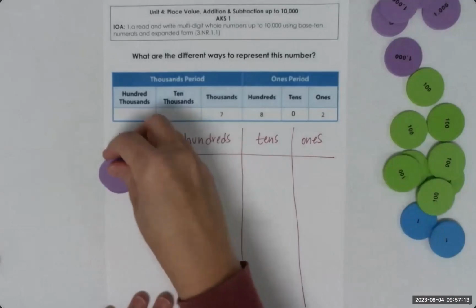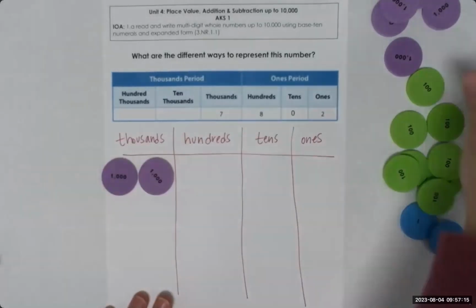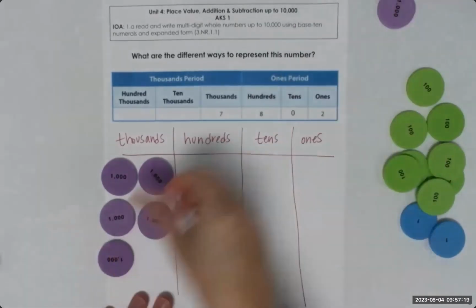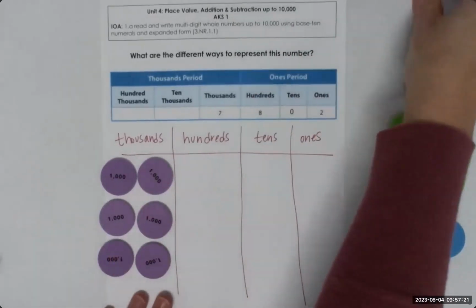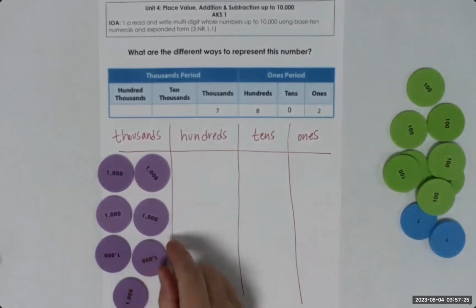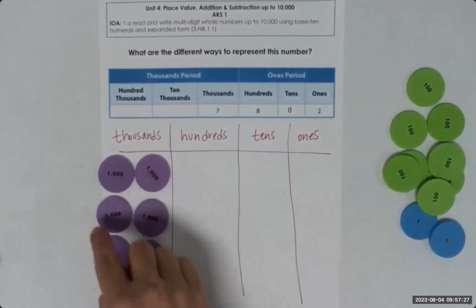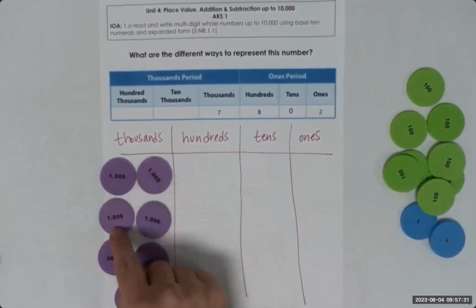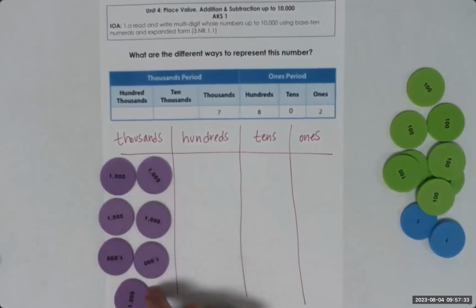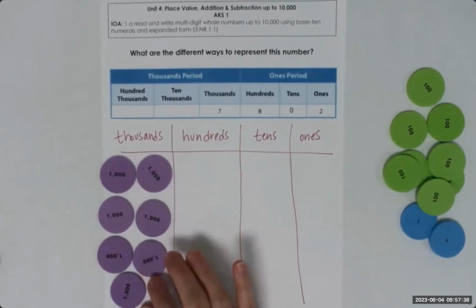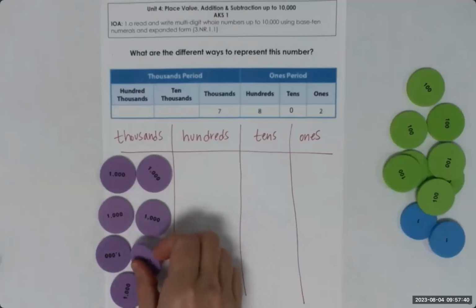So I'm going to take my place value discs and represent my 7 thousands. Now one thing to note for students is that these are now circles, and they list the value inside. So I know each of these circles has a value of 1,000. It's just another way to model the value of this number.